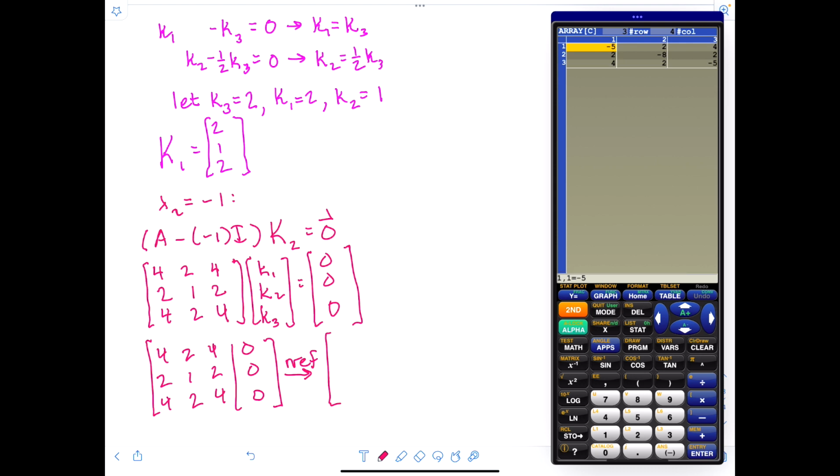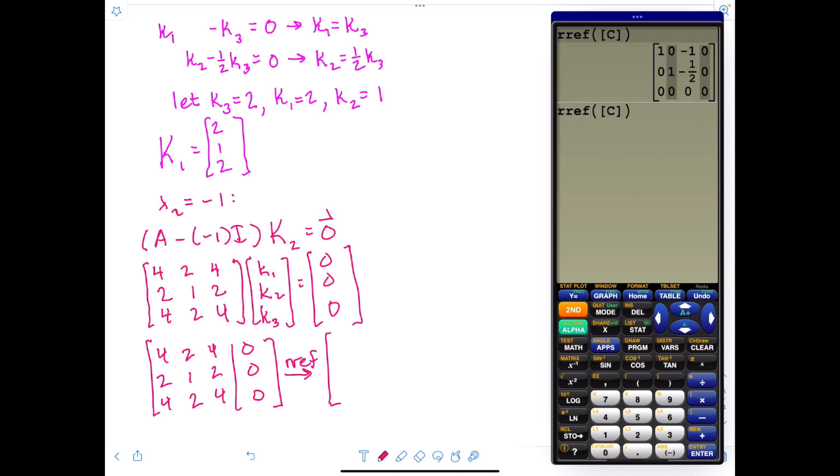The only things that'll change will be the main diagonal. And then here's a trick: you can go second enter to get to RREF, and it gets all that row reduction done for us. So we'll have 1, 1/2, 1, and 0. And then we have 2 rows zeroing out.